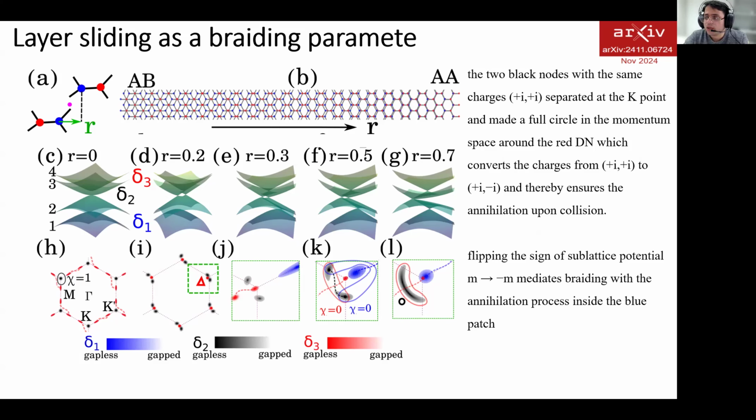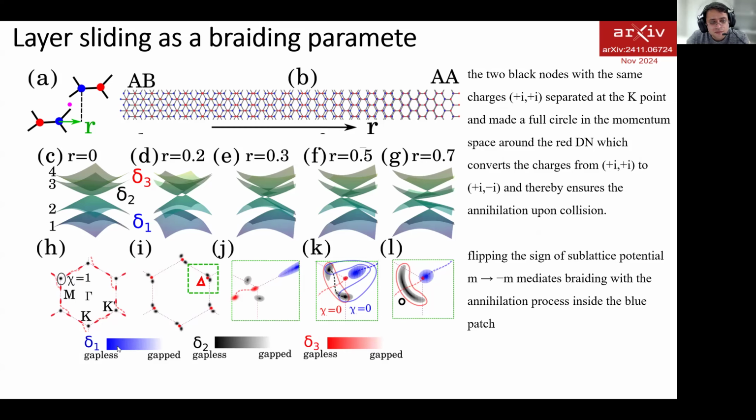In the following, I only talk about Euler charges, which are easier to handle, but sometimes I also write I and J, which have the same meaning. So consider quadratic band touching, without shifting, at AB stacking.